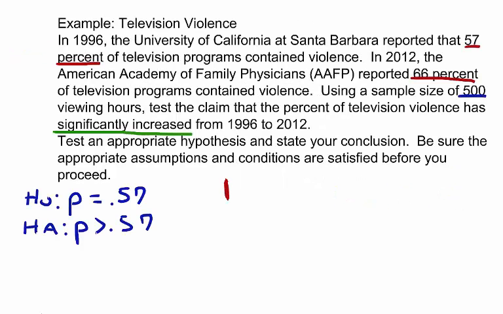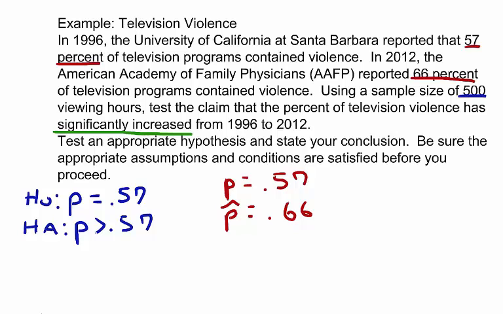We already know that P is represented by 0.57. This percentage is also known as our population proportion. We're going to use this value along with our P hat value, 0.66.